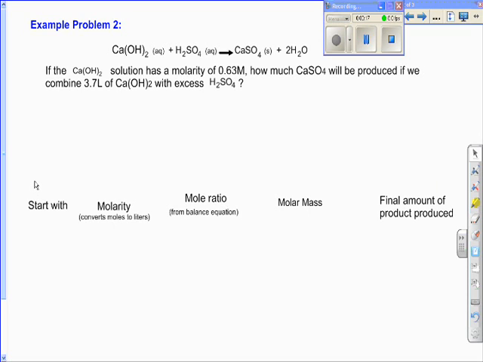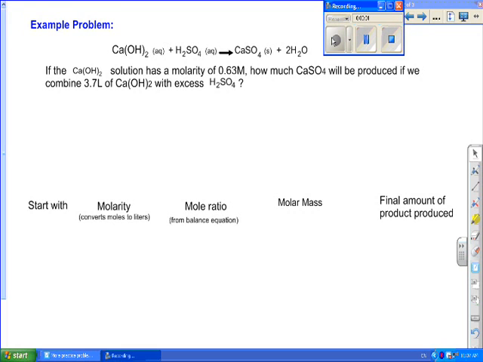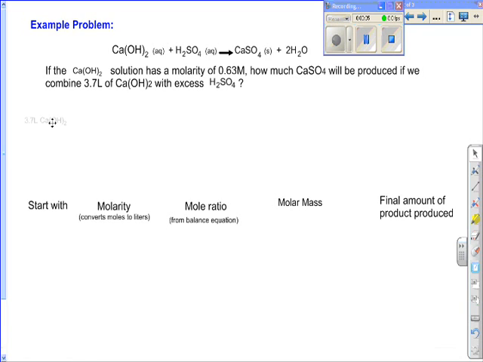So we're starting with 3.7 liters. As the problem states, we're starting with 3.7 liters of calcium hydroxide. And we're going to use the molarity to convert that to moles because it's in liters.